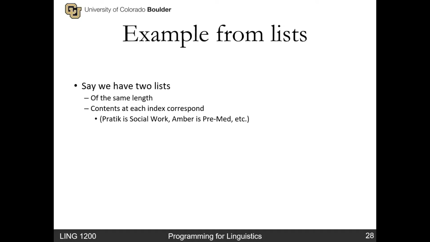So we need the items in the two lists to correspond, so we put them in the same index, like this. So in the list names, Patrick, Amber, and Sam correspond to the items in the list major, social work, pre-med, and art. So Patrick, which is at index 0, is associated with the major social work, and Amber at index 1 is associated with pre-med, which is at index 1 in the major list.